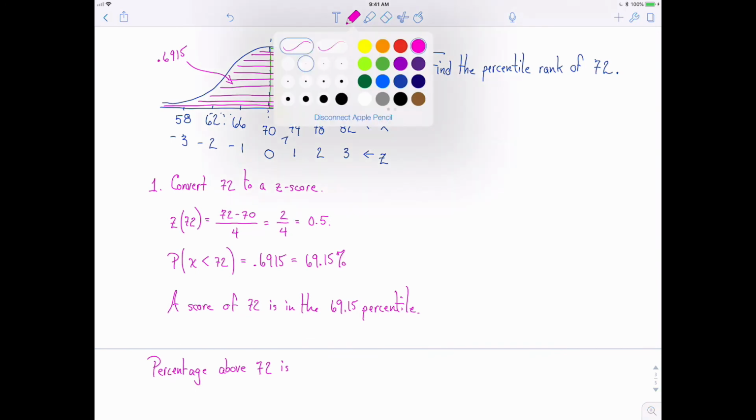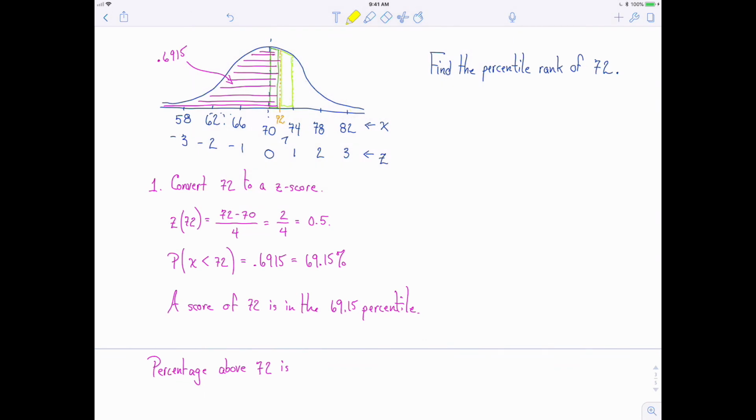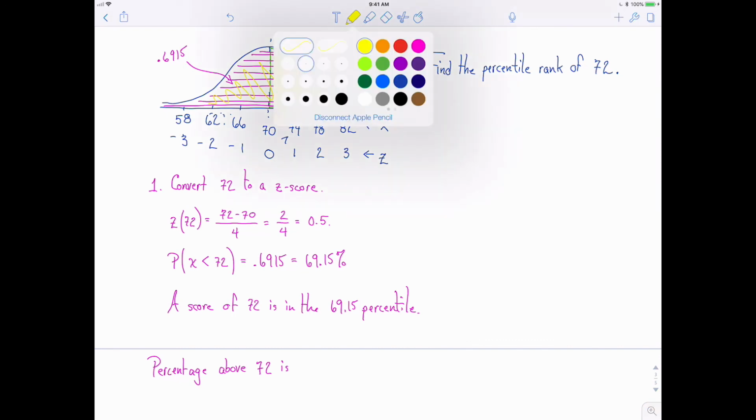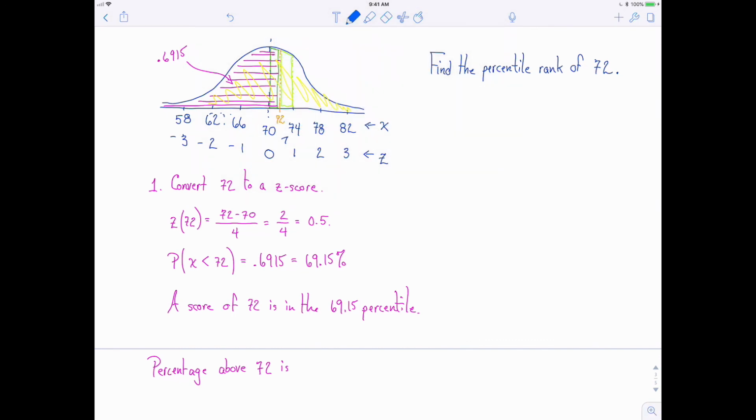So let's think about that for a minute. Let's do yellow here. If I shade the entire picture, all of this, that's 1. And then if I subtract where the pink and the yellow overlap, then what I'd be left with is this light blue region right here. And that is how we would find the percentage above 72.